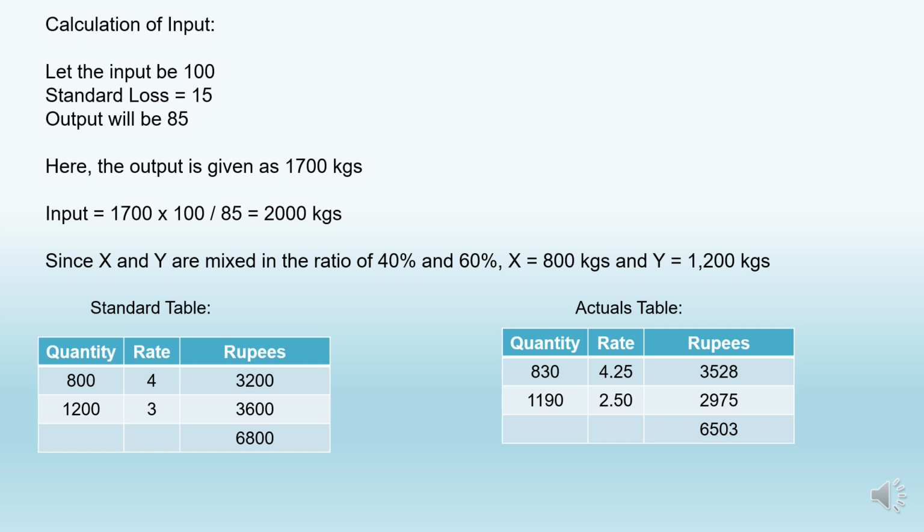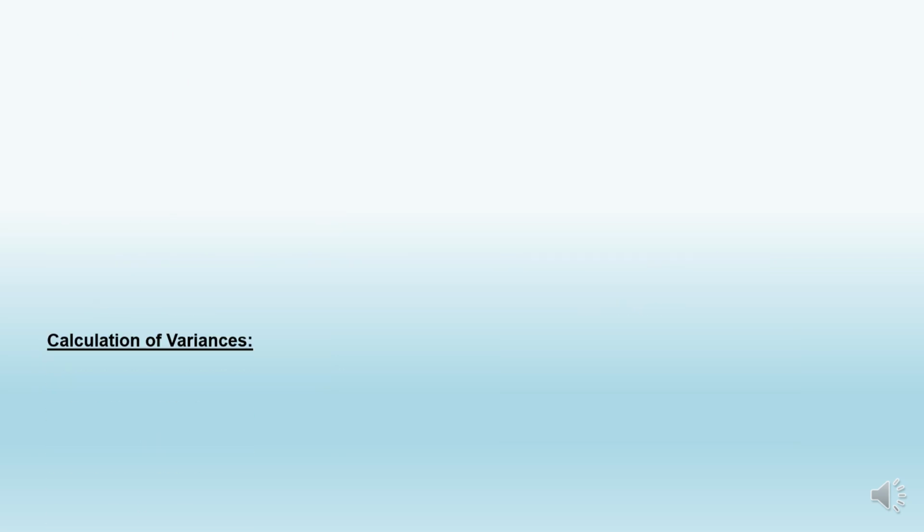Now based on these two tables, we calculate. Material cost variance, we learned, is standard cost minus actual cost. So it is 6800 minus 6503, which is 297 favorable. Now understand, variance can be either favorable or adverse.